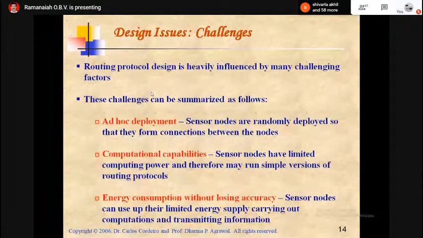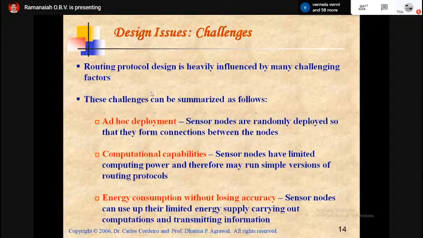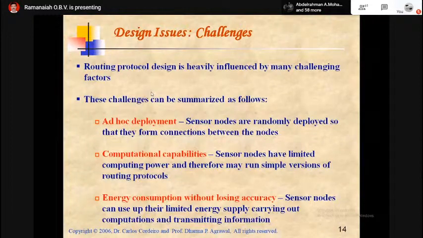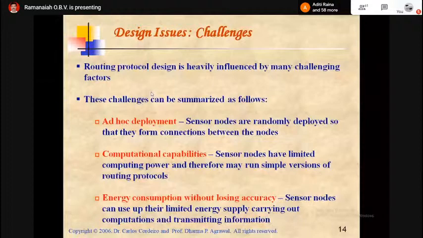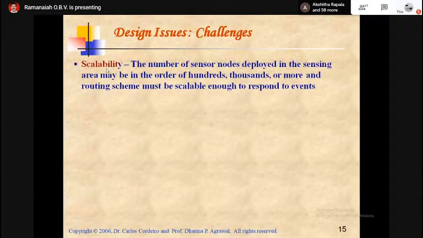You can do that in the case of a desktop, but in the case of sensor nodes, it is not possible. Sensor nodes have very limited power, so you can only run simple protocols. So energy consumption without losing accuracy. Given the limited battery energy, you should give the best result in an energy efficient manner. So that is another design issue.